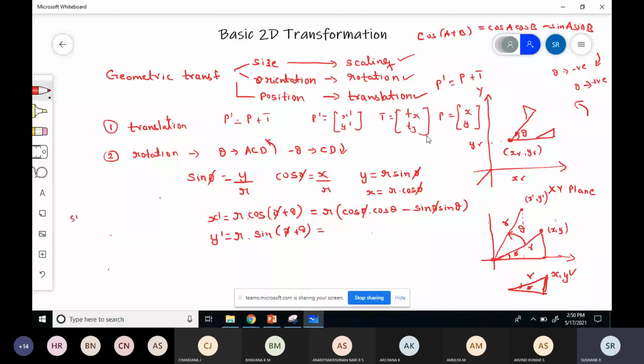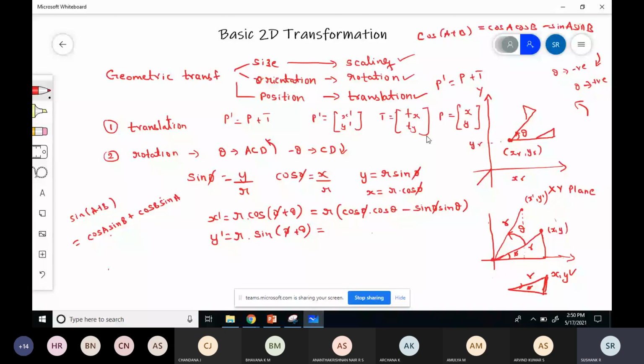Sin of A plus B is equal to sin A cos B plus cos A sin B, or cos B sin A, or sin A cos B also you can write.